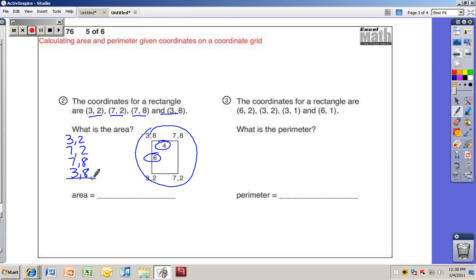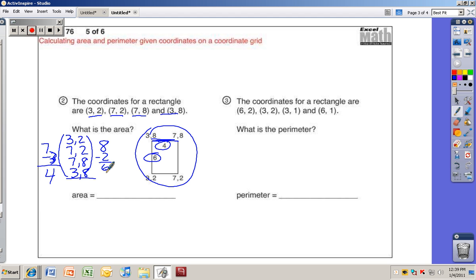So it's good to line them up one on top of the other, and you can see on the x side I have 3's and 7's. So I can just do 7 minus 3, which is 4, so the x side is equal to 4. On the other one, you have an 8 and a 2, so 8 minus 2 is 6.